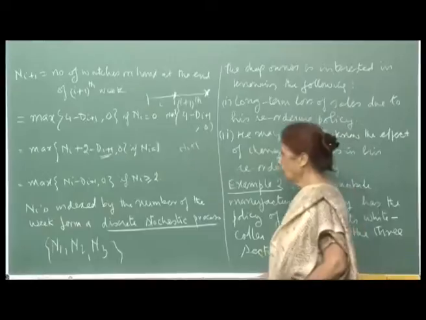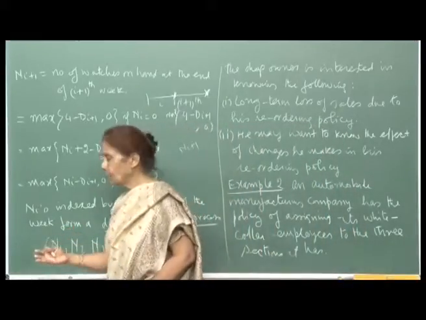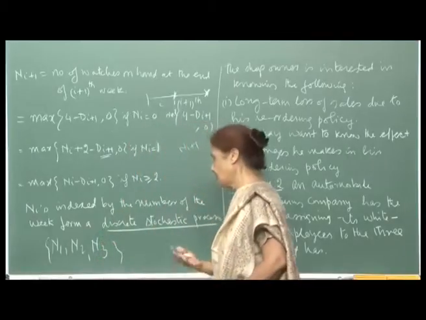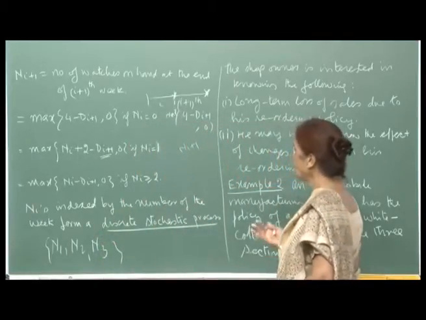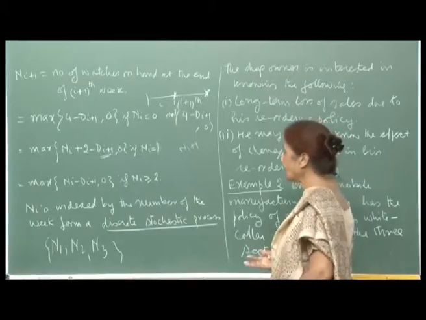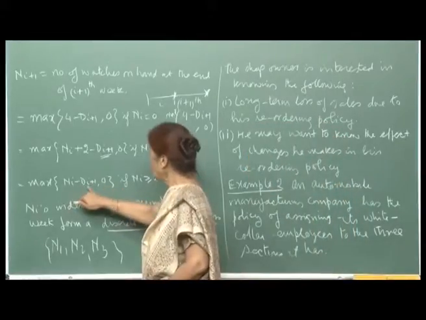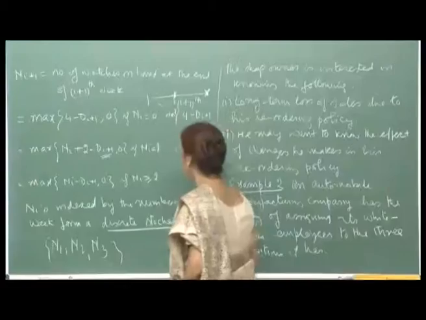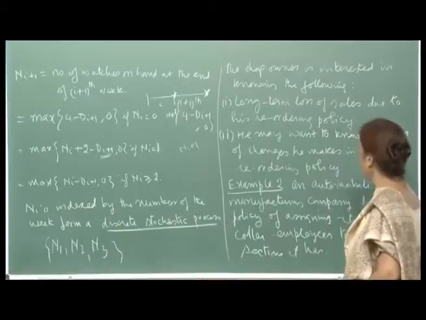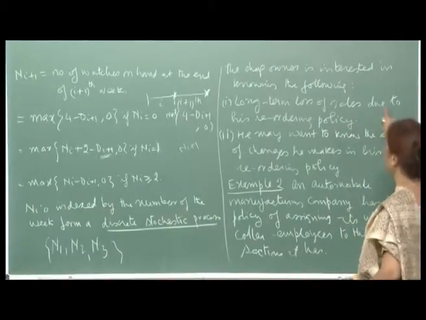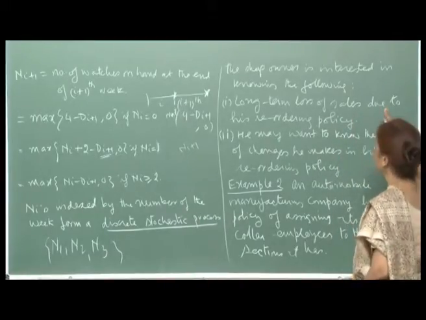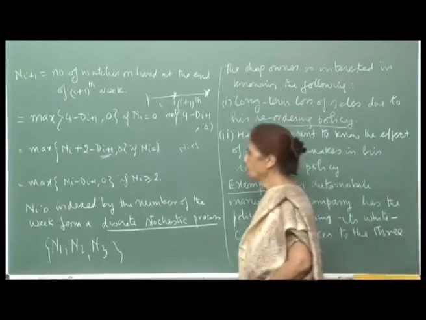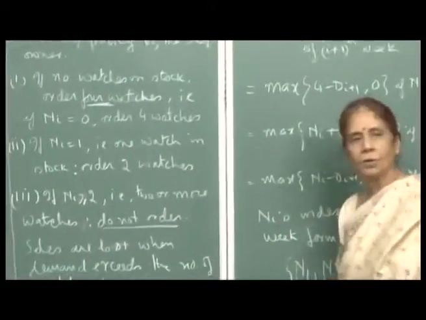You see, because if he can by some mechanism find out what is the estimate, it may not be an exact number, but he can estimate the number of sales that are lost. When this number is negative, that means he is losing out on sales whenever this number is negative. So, if there is a mechanism by which he can find out his long term loss of sales due to his reordering policy, because he wants to know whether he really has a good reordering policy or not.